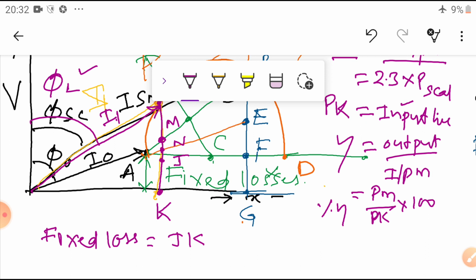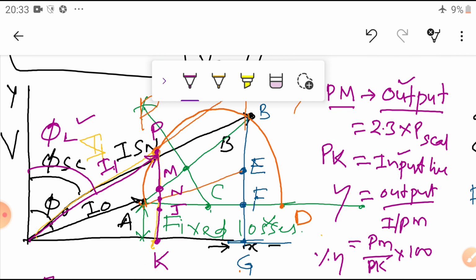Then what are M and N? MN is known as the rotor copper loss. Similarly, here BE is equal to the rotor copper loss, and this is the stator copper loss.